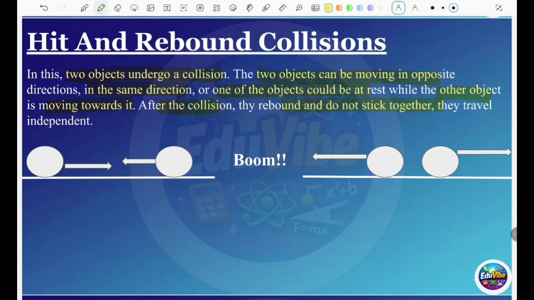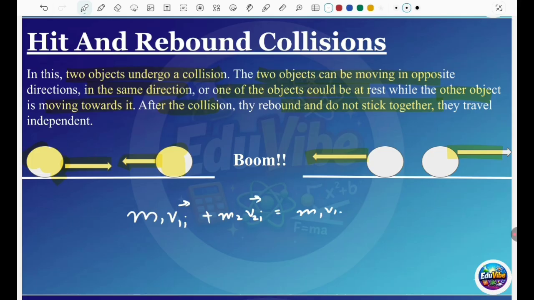The rebound can happen, which means that if some object is here and goes over there, and another is over there, they collide, but they go in their opposite directions again. They do not stick, they do not explode. So the formula we consider for this is m1 v1i plus m2 v2i for the initial, and for the final m1 v1f plus m2 v2f.